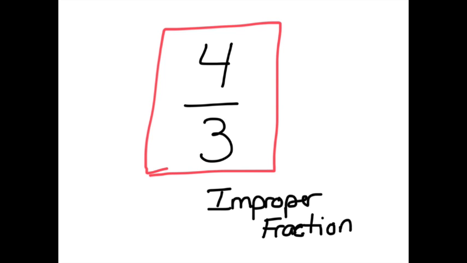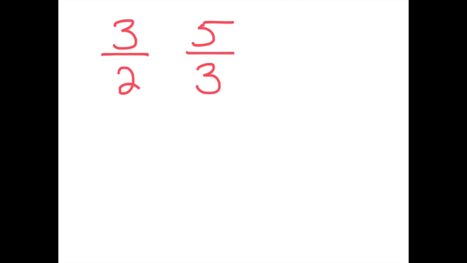Now, other examples of this include, and I'll just give you a couple more examples of improper fractions. These would be examples of improper fractions: 3/2, 5/3, 700/4.